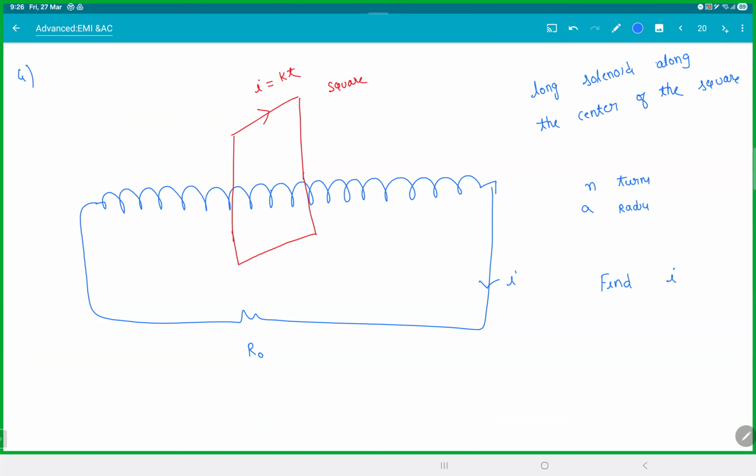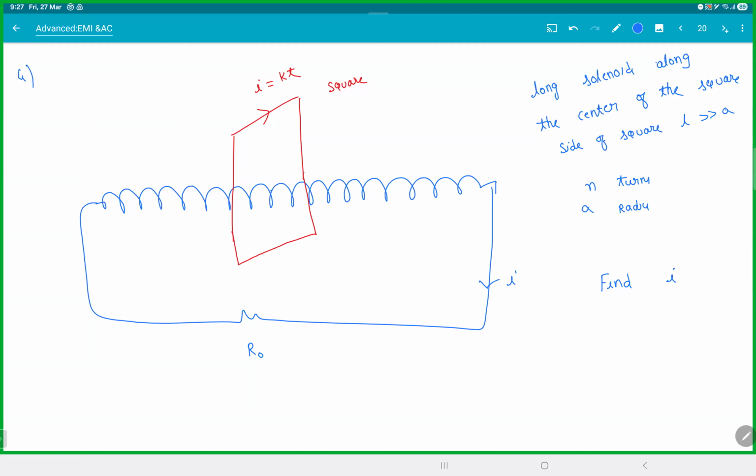The radius A of the solenoid is very small compared to the side of the square. So the side of the square L is much, much greater than small a, and you can ignore the size of the solenoid in front of the square. Current is equal to kT.